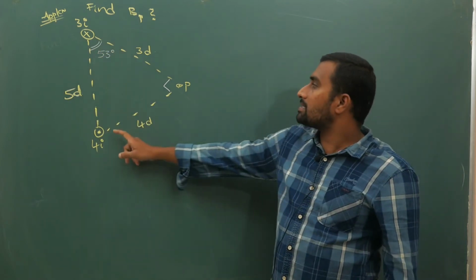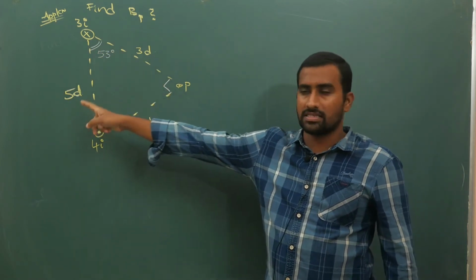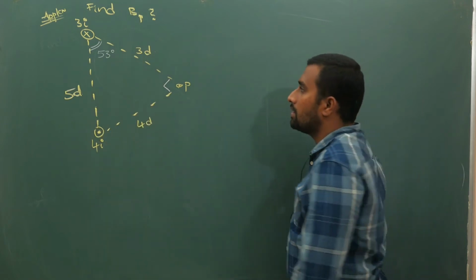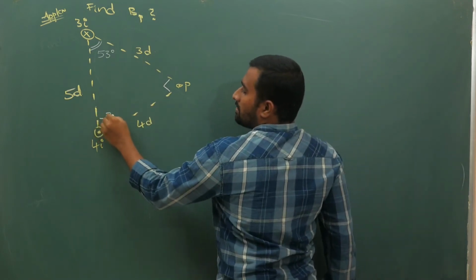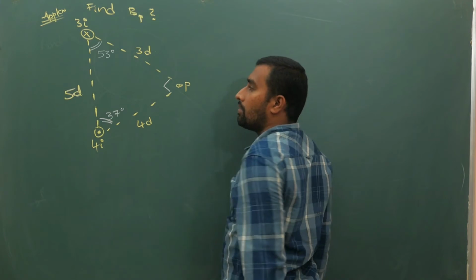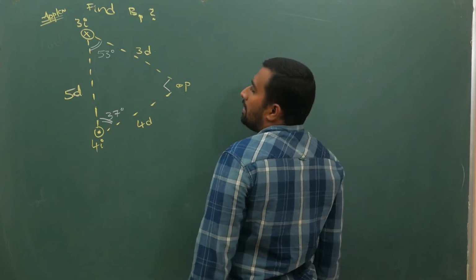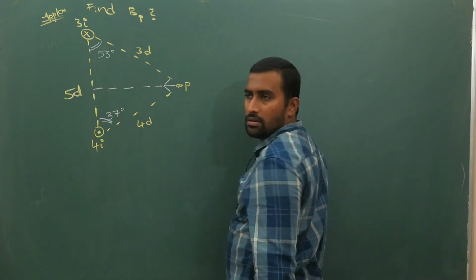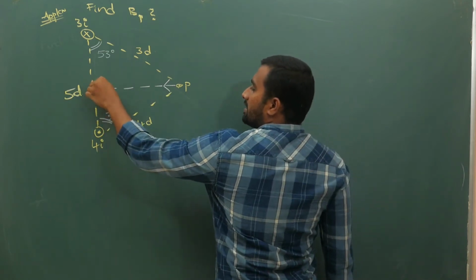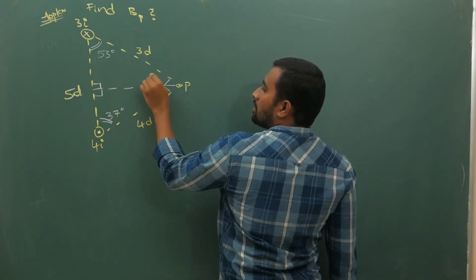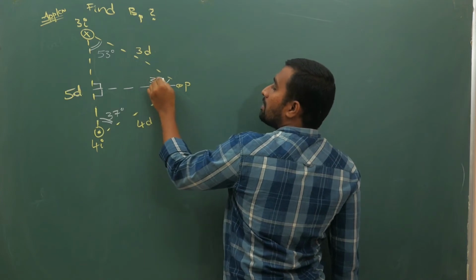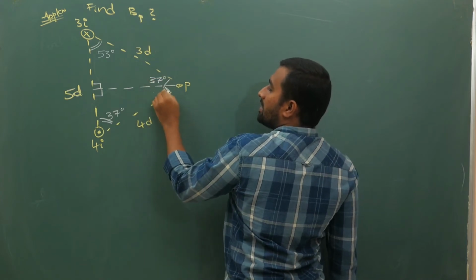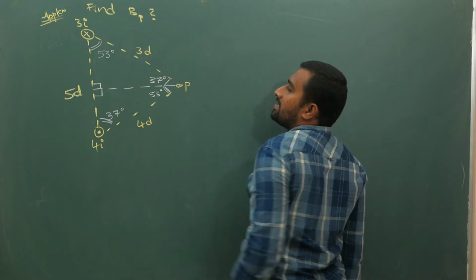And for the other angle, opposite by hypotenuse is 3 by 5, so this is going to become 37 degrees. Now if you join these two, this is 90 degrees, this is 90 degrees. The top side angle is going to become 37, the bottom side angle is going to become 53 degrees.